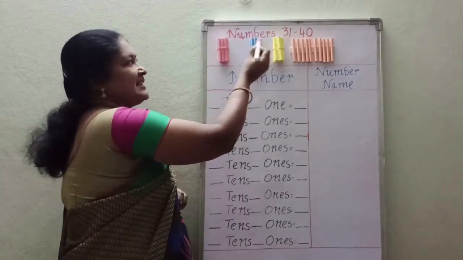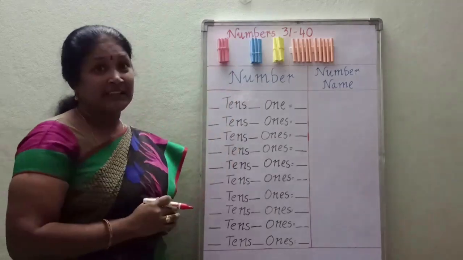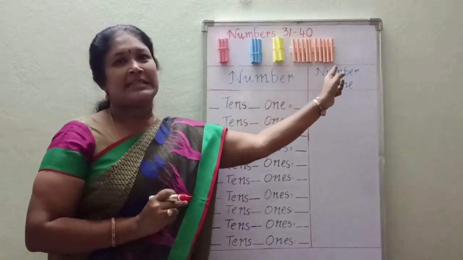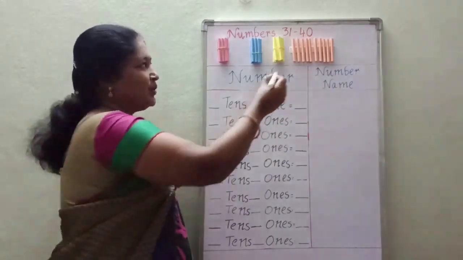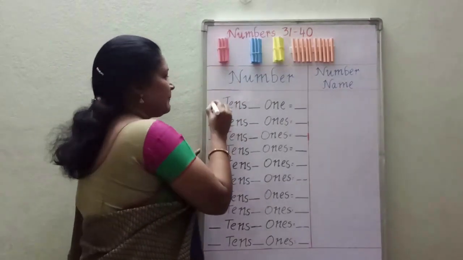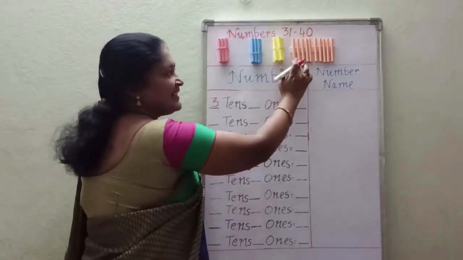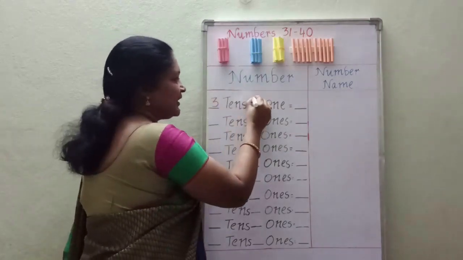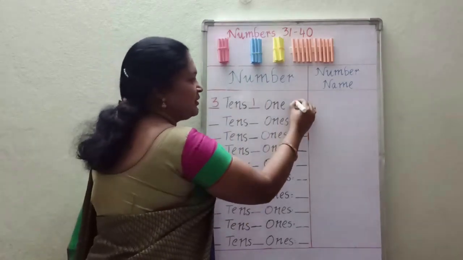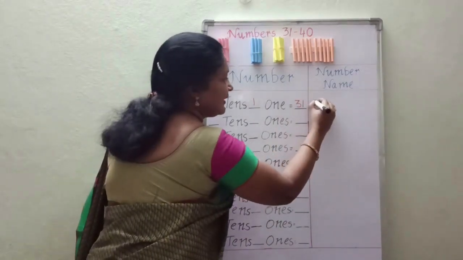So 10 plus 10 is 20, plus 10 is 30. And here all single chalks are there. So all these are ones. Now first see how many tens? 3 tens, and take only first one as count. 31. So what is the spelling of 31, children?